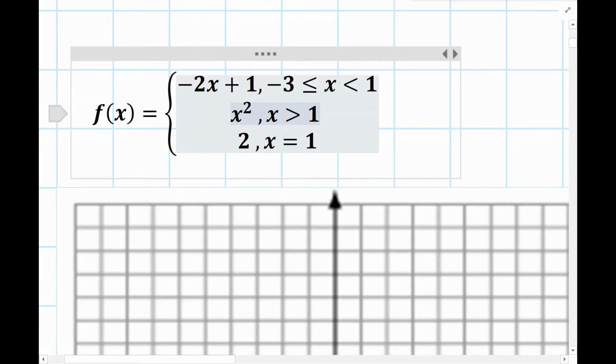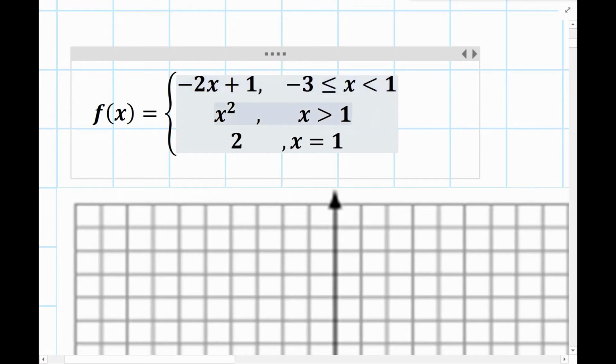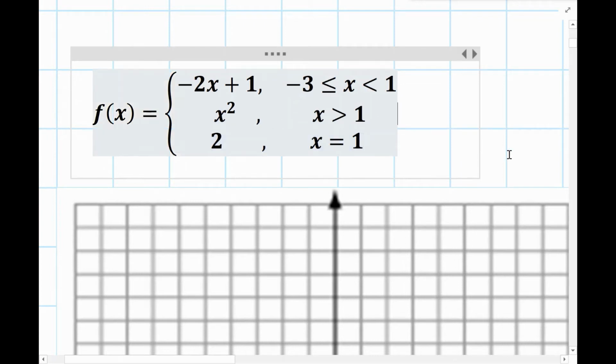You know what, let me separate this out a little bit, because I want you to clearly see the different parts on this. You are witnessing my editing here.